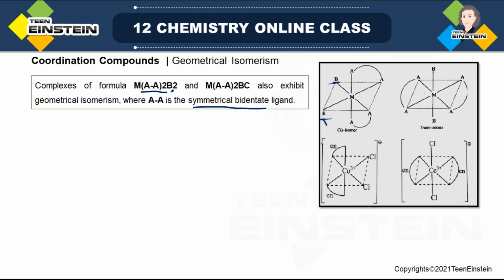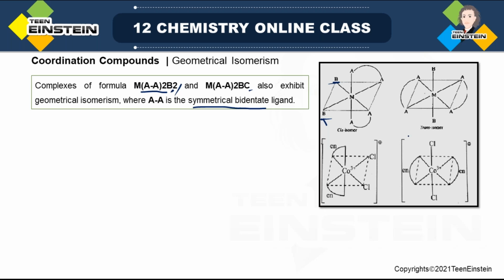But normally for monodentate ligands we use small letters. So either M(AA)2B2 or M(AA)2BC. We have two symmetrical bidentate ligands, that means two coordination sites per ligand, so they serve 4 coordination sites. Two coordination sites are left, which will be 2B or 1B and 1C.